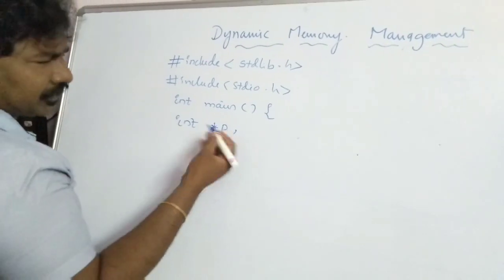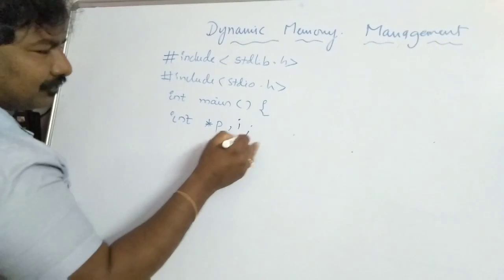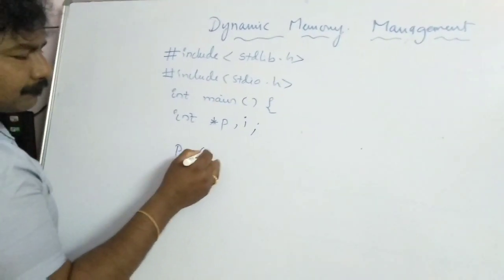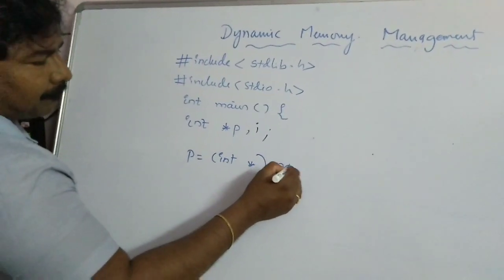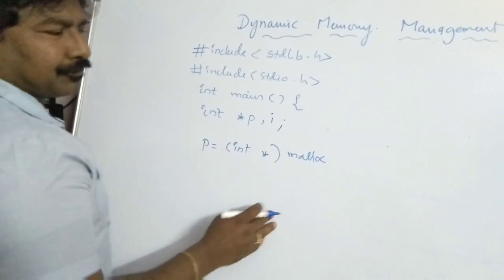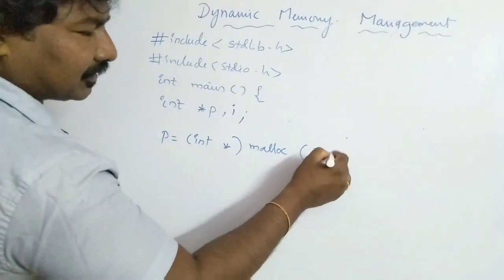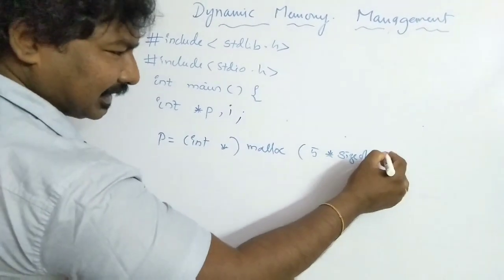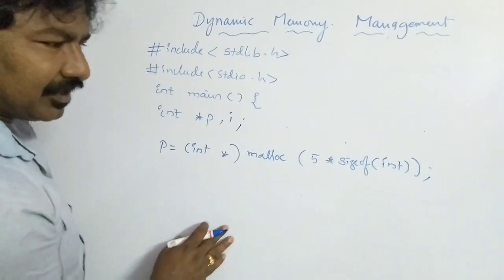I want to use a for loop, so I declare the loop variable i. I want to store 5 elements into my array, so I write 5 star size of integer. That allows me to store 5 elements into my array.